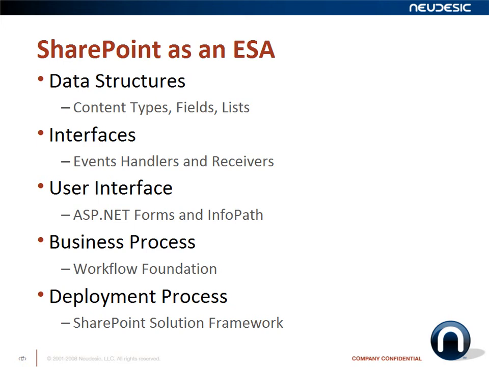For business process automation, meaning the creation, the interaction, controlling the interaction of users of the system, the tool set that's provided is Windows Workflow Foundation. And essentially you have, as you probably know, a couple options in terms of authoring these workflows, and we're going to drill into the specifics a little bit later. For a deployment process, SharePoint provides a solution framework, which again allows you to roll out versioned components in a very controlled manner.